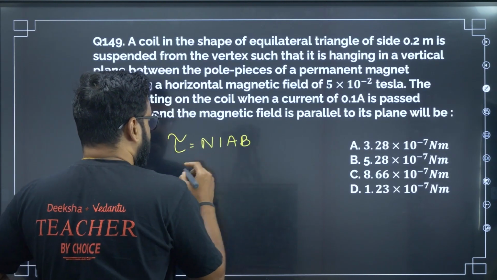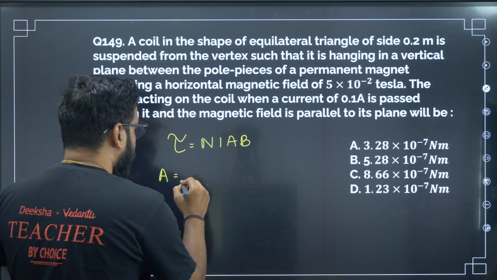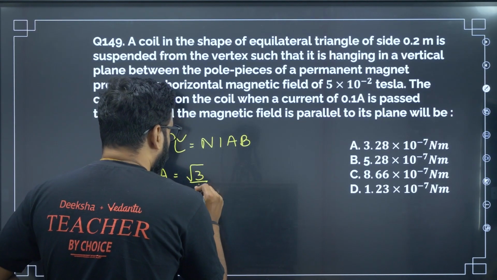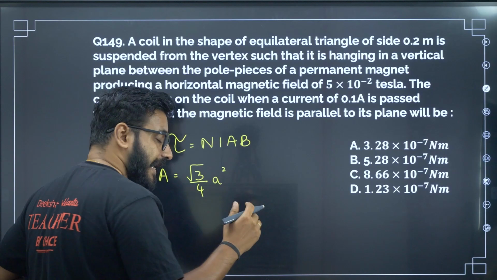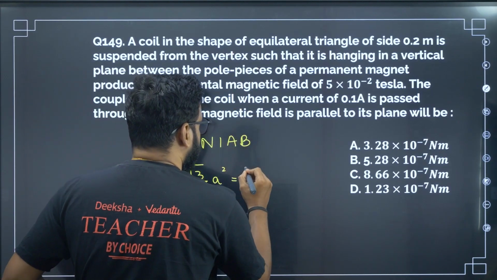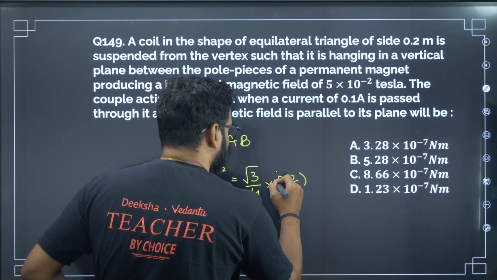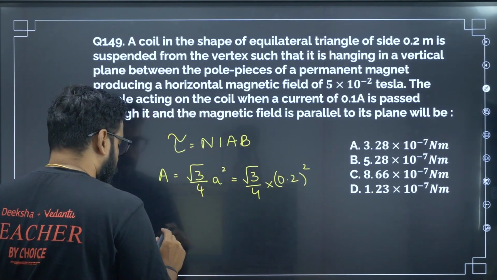NIAB. And for the area, how do you find the area of an equilateral triangle? It is found by root 3 by 4 into a square, where a is the side length. What is the side length? It is 0.2, so it is root 3 by 4 into 0.2 the whole square. This is the area. Now substitute in the torque formula.